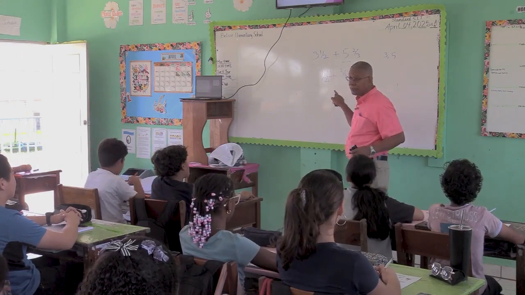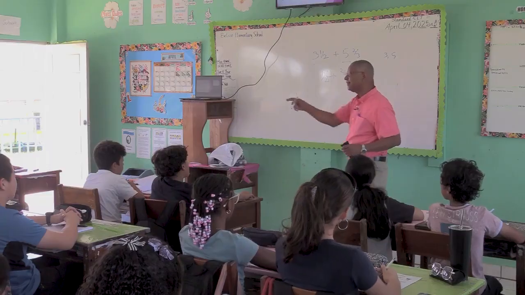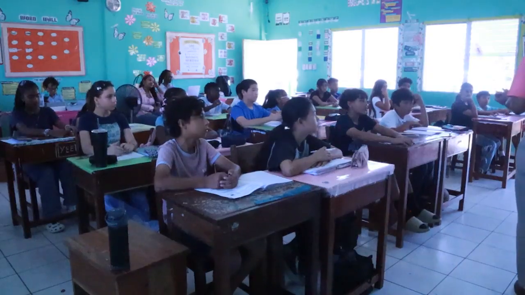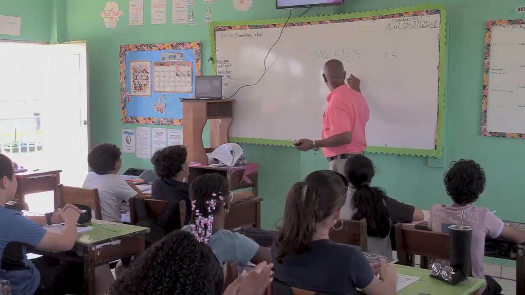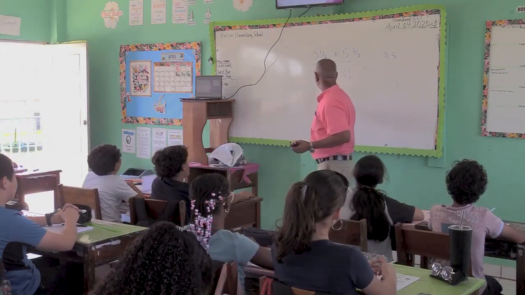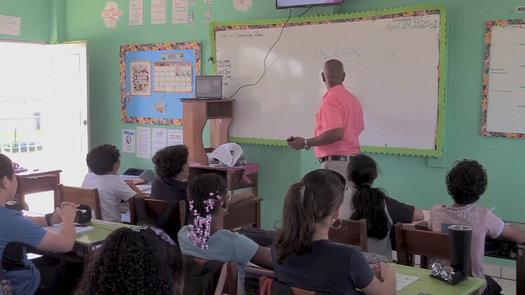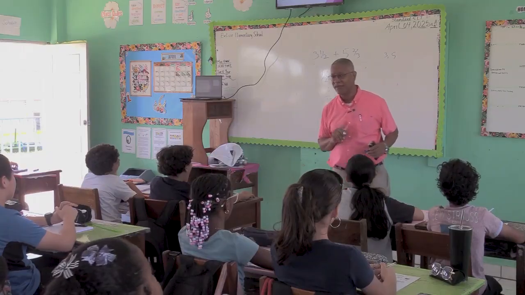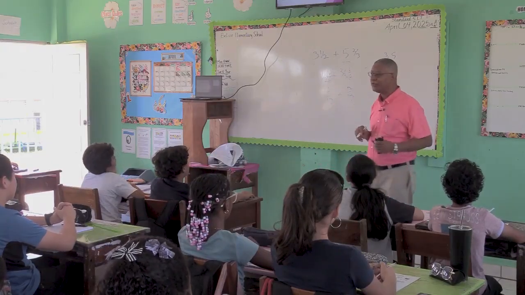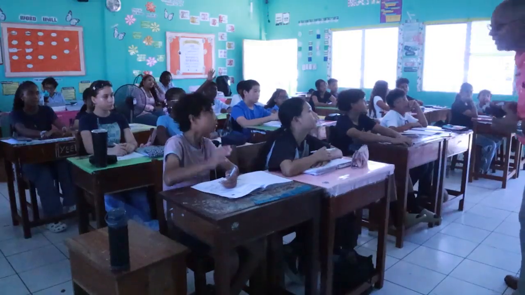So we could guess at that? Yes. Okay, you're suggesting 6 for the top and 6 for the bottom. So let's see if that works. For this one, it will be 6 over 12 plus 12 over 18. The denominators are not the same. So that equivalent fraction wouldn't work. Any other ideas? Yes.